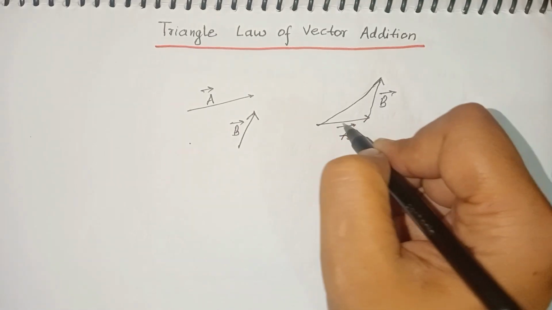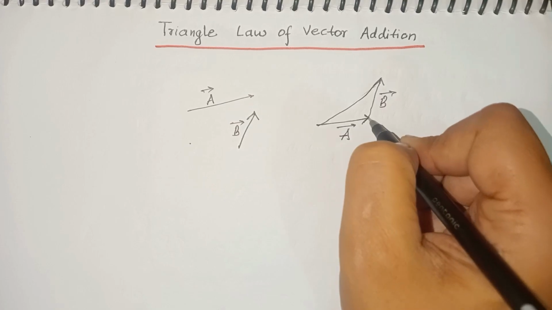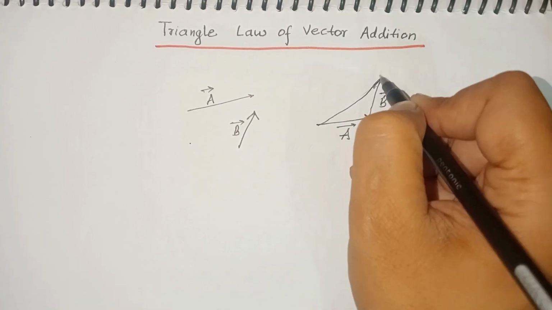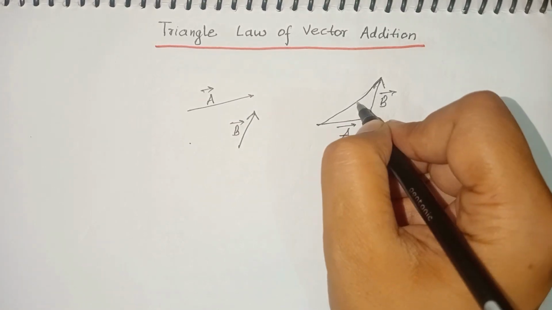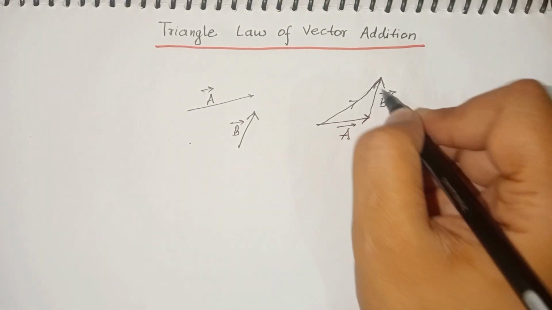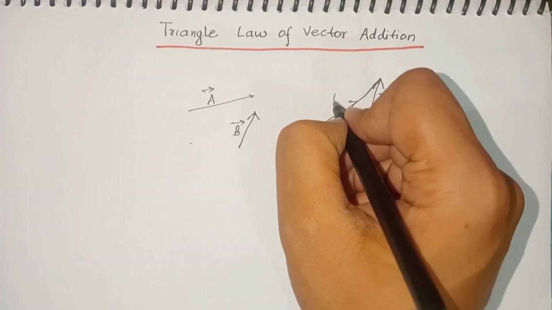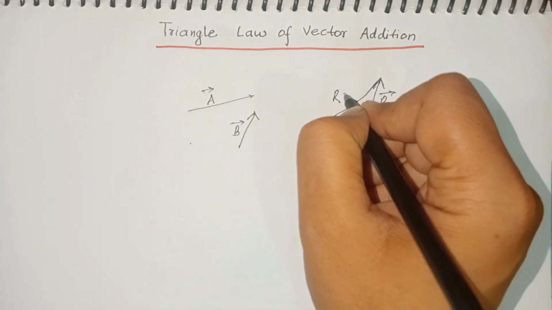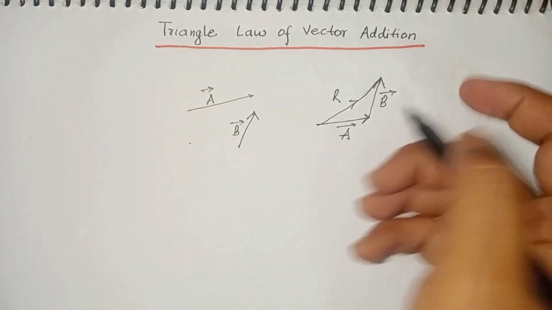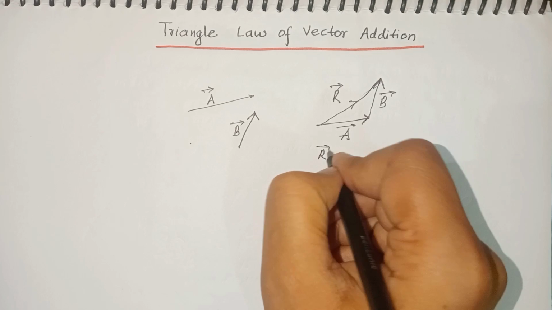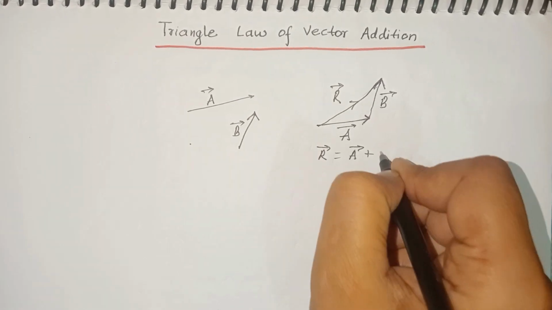These two go in an anti-clockwise pattern, and this one goes in the opposite, clockwise pattern. This will be the resultant vector. Resultant means vector A plus vector B, so vector R is vector A plus vector B.